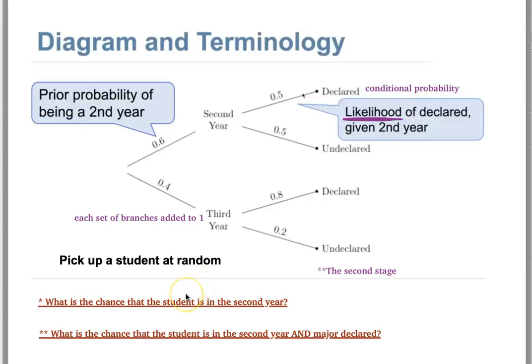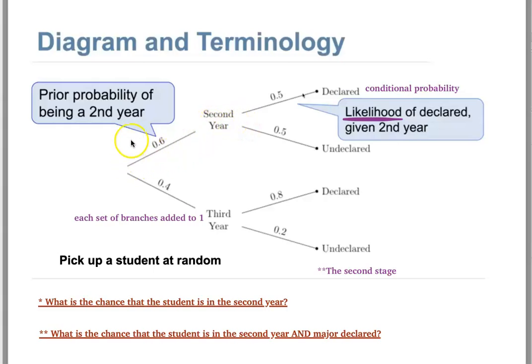But I can also ask: I pick a student at random. What is the chance that the student is in the second year and major declared? This one, as we talked about before, is the combined probability. The student picked at random needs to meet both conditions.